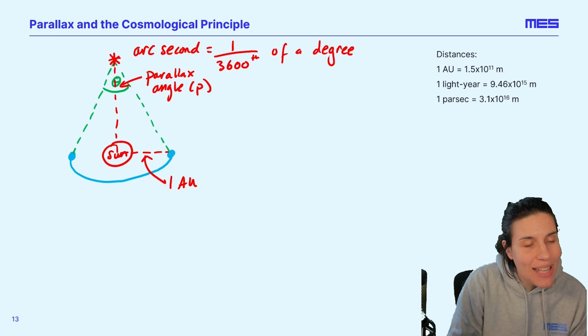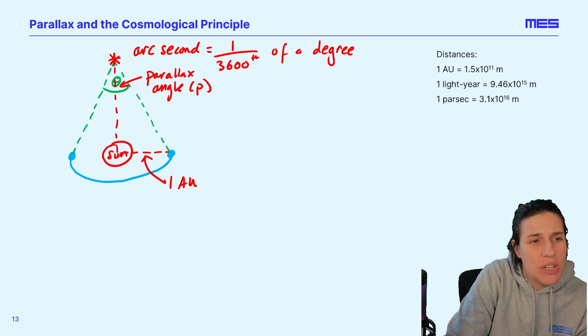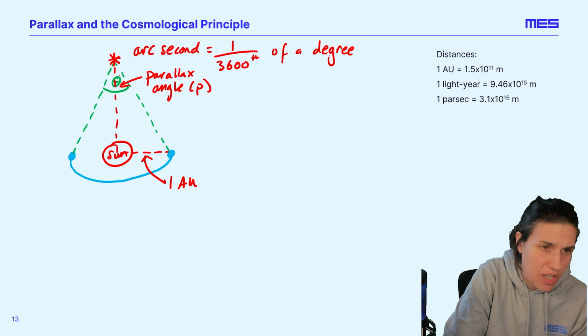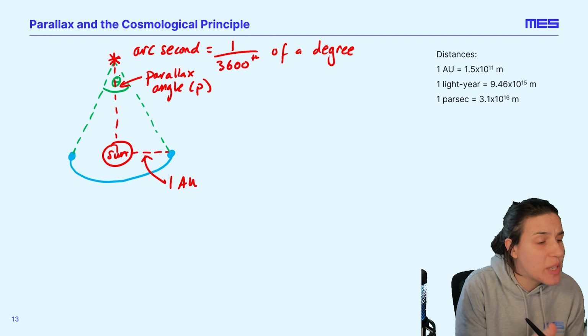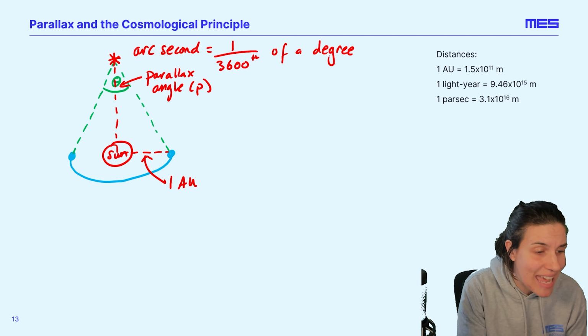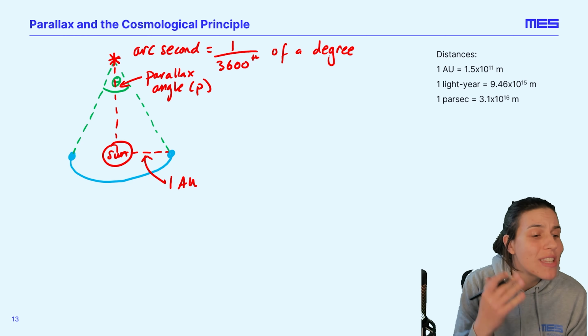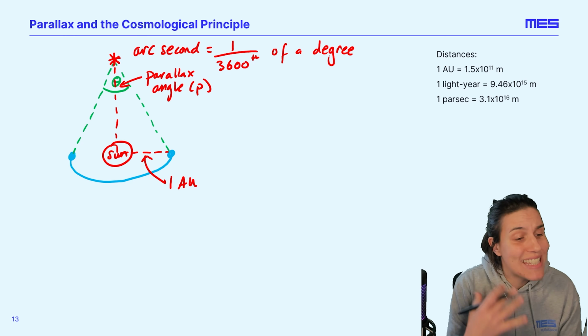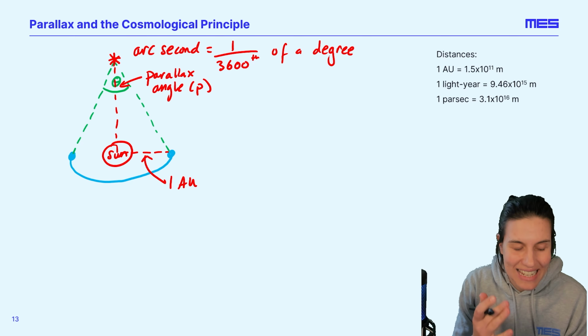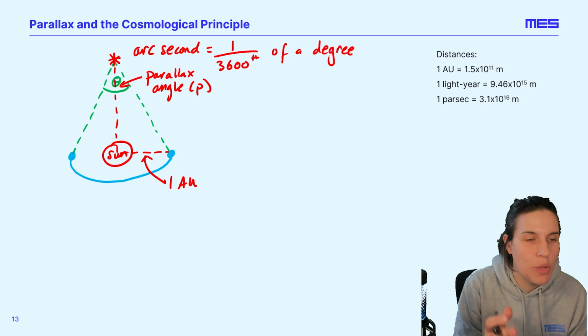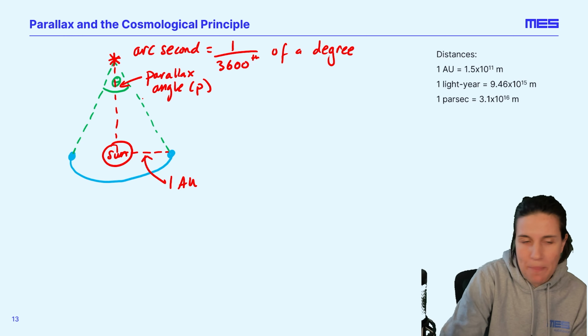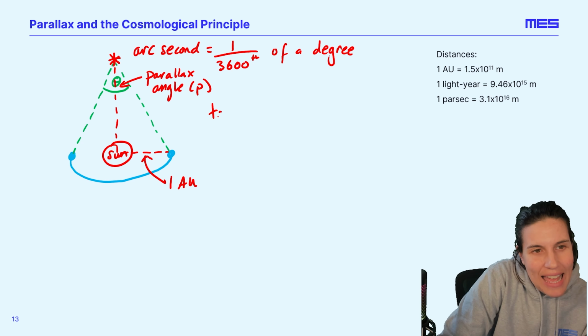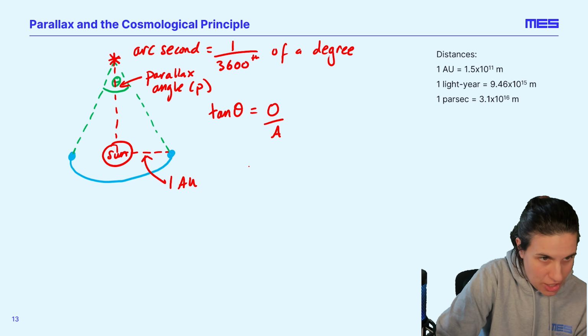Now, it doesn't actually matter which of these sides we work out, whether it's the sun to the star or the Earth to the star, because at really small angles, they're going to be roughly the same size. Remember, we're measuring the distance to a nearby star. It's not like it's next door, so realistically, it doesn't matter which side we measure. So we're going to use tan theta is equal to the opposite over the adjacent.